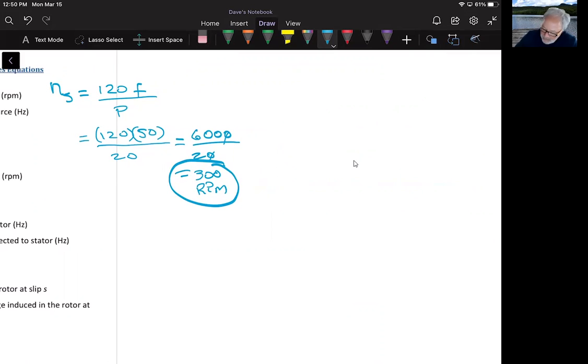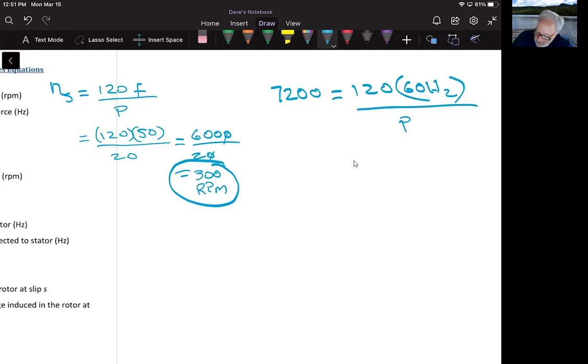Sometimes we might be given a problem that says the synchronous speed is, say, 7,200, and we're being supplied by a 60 hertz source. I'll write that in here, and I'll just put 60 hertz. And maybe we're asked to figure out how many poles are in that motor.